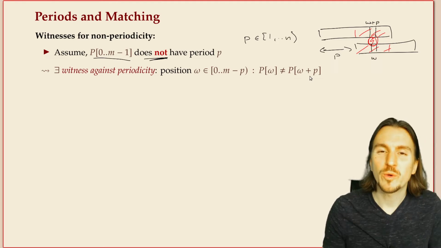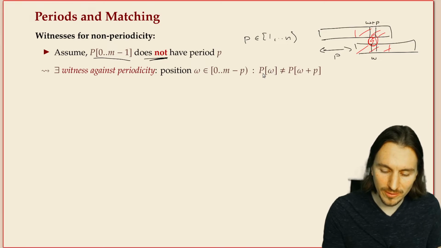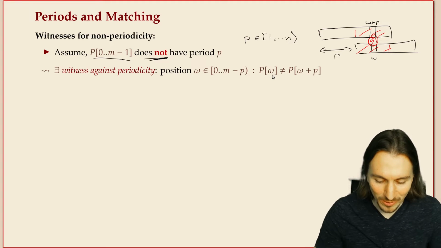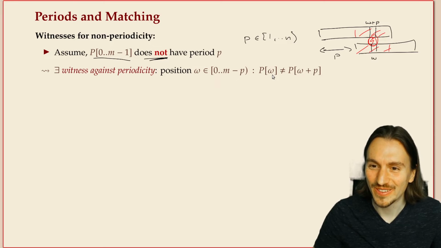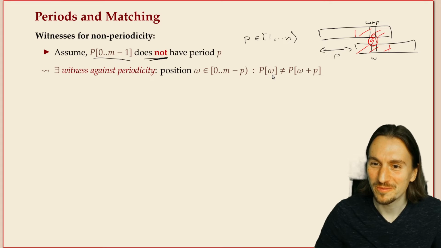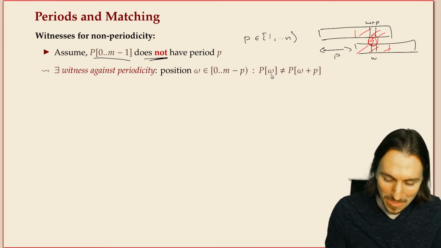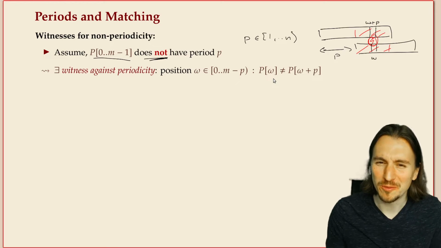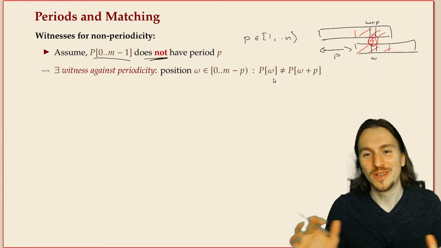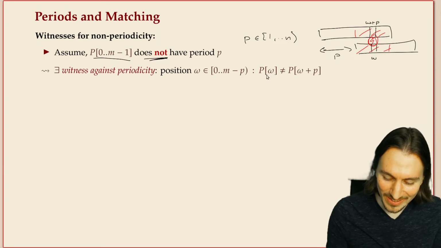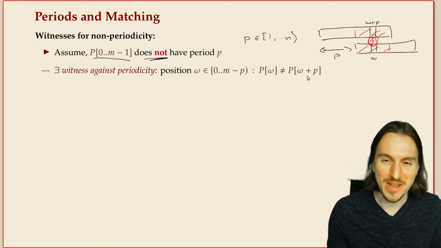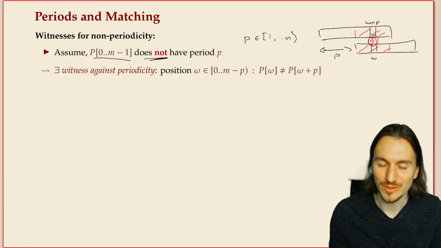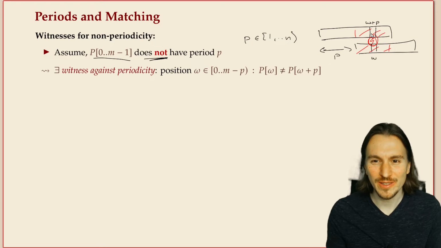This is omega, not W. It's the Greek W, but to be consistent and fair to our Greek colleagues, I should call it omega, because that's what it is, even though W would make sense because it stands for witness. Nevertheless, just the name. The omega-th character in P is not the same as the omega plus p-th character, and these are exactly those two. Again, a simple definition, right?